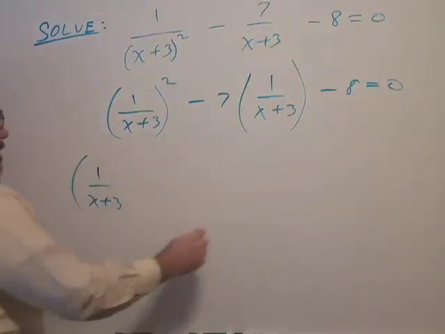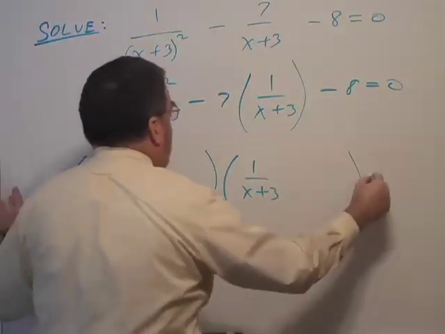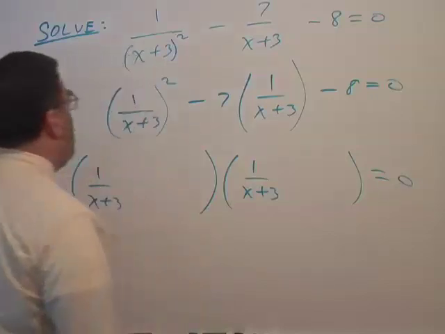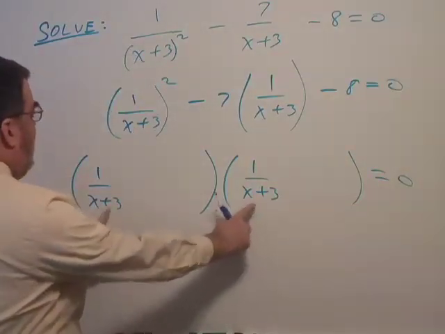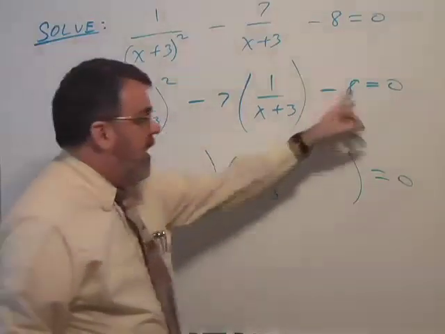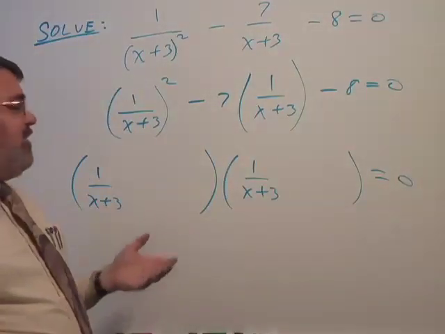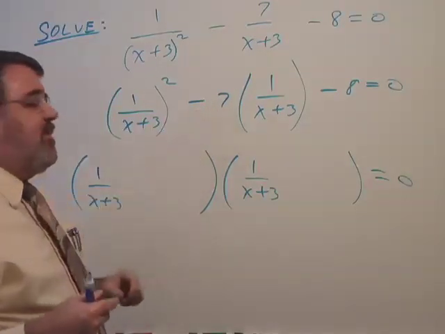So we'll set it up so that we factor it into binomials. And again, when we multiply these, we're going to get this term, 1 over x plus 3 squared. 8, we need to break up 8 so that the factors will either add or subtract to negative 7.